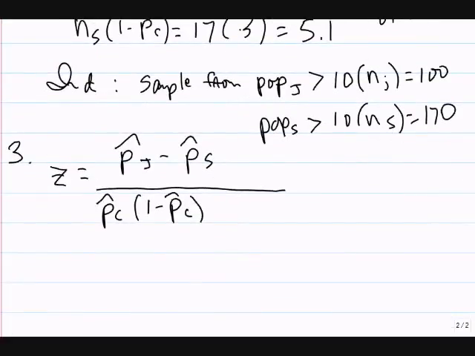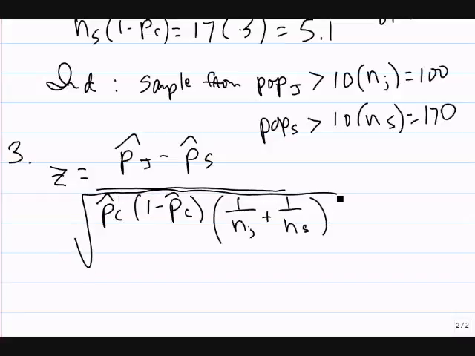Then 1 over the sample size of juniors plus 1 over the sample size of seniors, and take the square root of all of that. Now that I've written that down, I'm going to put the data into my calculator. Anybody figure out the right button yet? Grab your calculator to see what test we're going to.